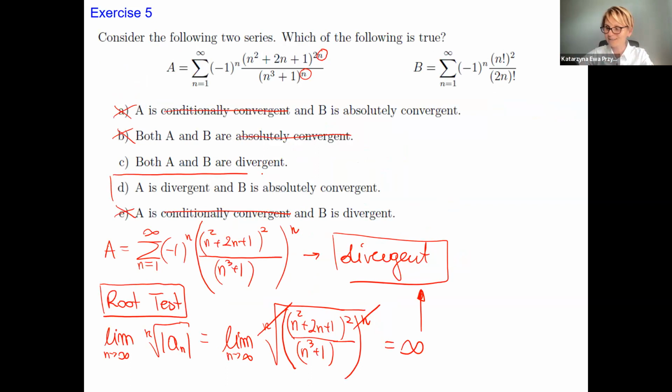Okay, absolutely convergent. Nice example. A little bit time consuming maybe, but the rest of the questions you can solve just by looking. Okay, good question. Don't miss it.